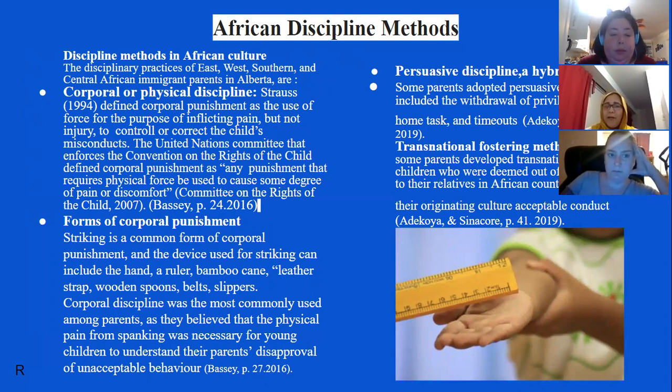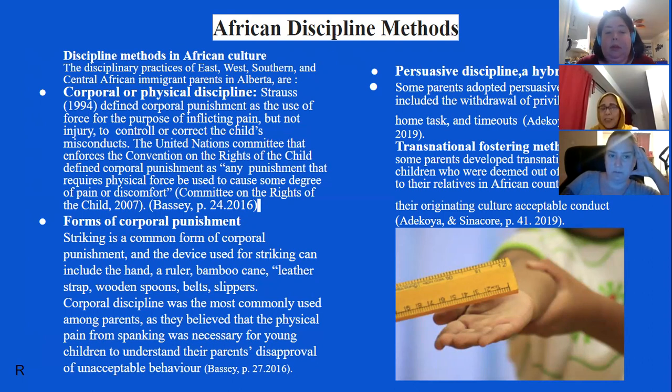Also, parents said they use this kind of discipline with their kids. The first one is striking. Striking is a common form of corporal punishment, and they use devices such as a ruler, bamboo cane, hand, leather strap, wooden spoon, belt or slipper.